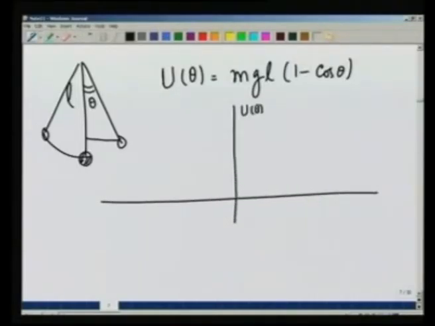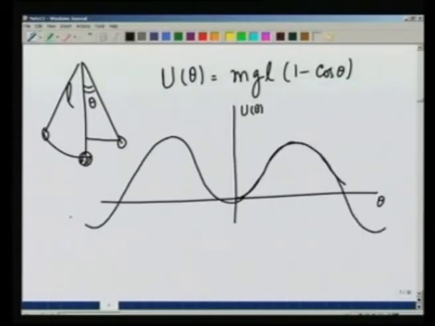It is minimum at theta equal to 0, then it goes like a cosine curve, and so on. However, when we approximate this as a simple harmonic motion, then the potential energy becomes mgL divided by 2 theta squared, and therefore I am approximating this potential energy like this.